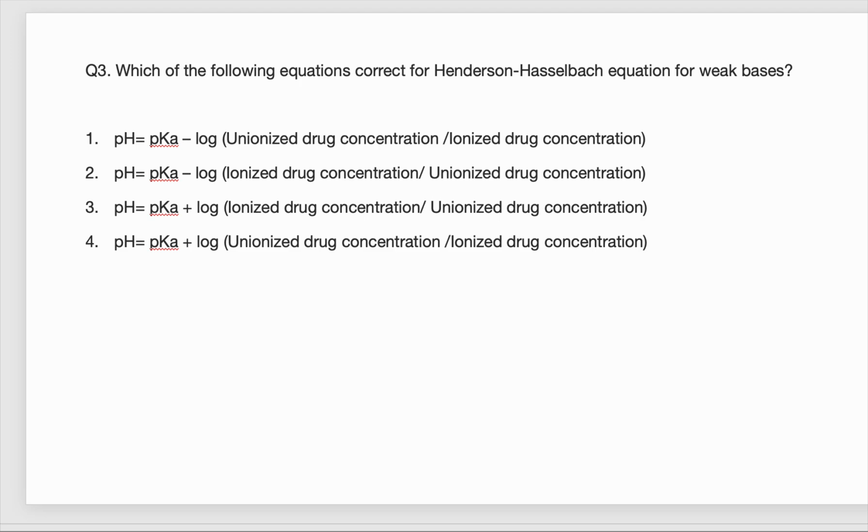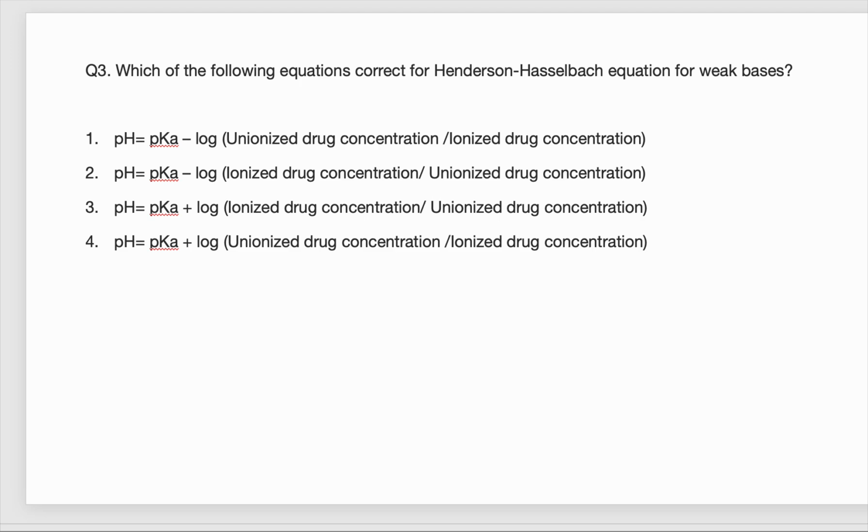But in case of a weak base, it is unionized by ionized. Because you see, this is the uncharged part; for acid, it's AH and A minus. We know that the thing that lies on the product side goes up, and the one that we have on the reactant side goes down.